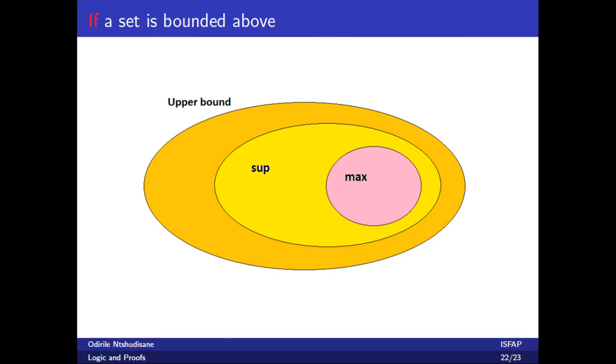Similarly, if a set S is bounded above and a subset of the reals, it has a supremum, and if that supremum is indeed an element of the set itself, it is actually a maximum.